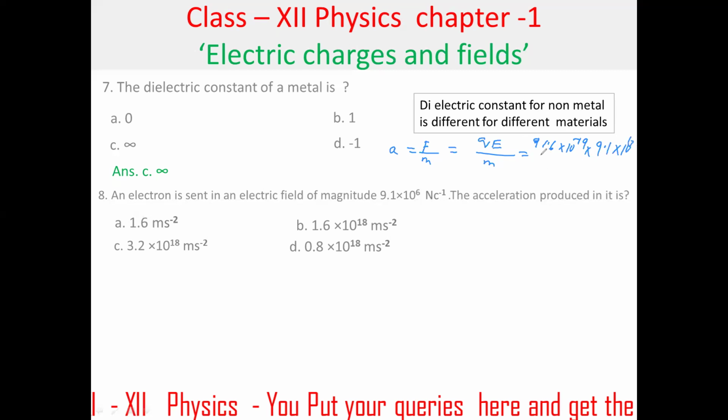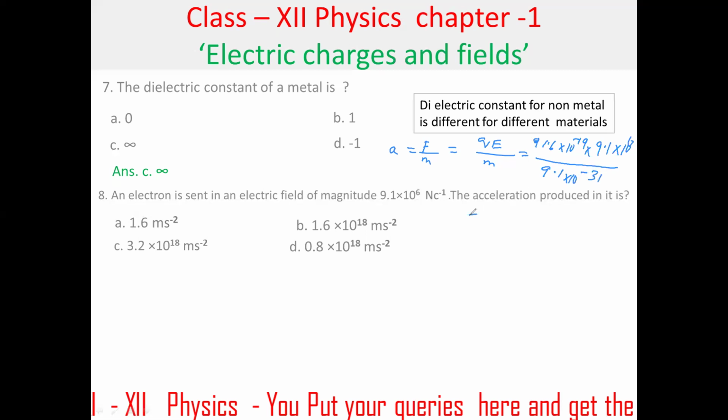Also, the mass of an electron would be 9.1 into 10 to the power minus 31.